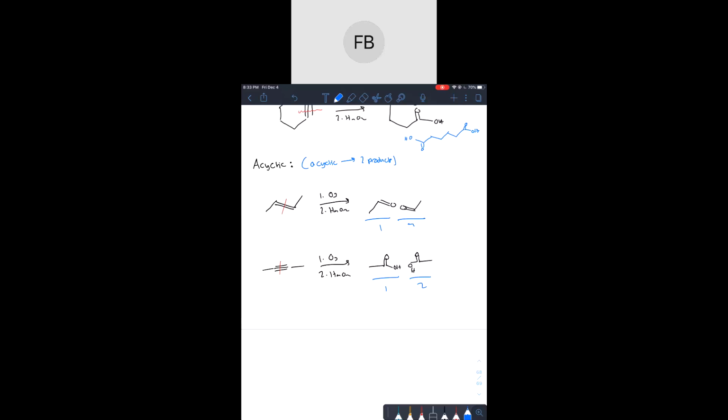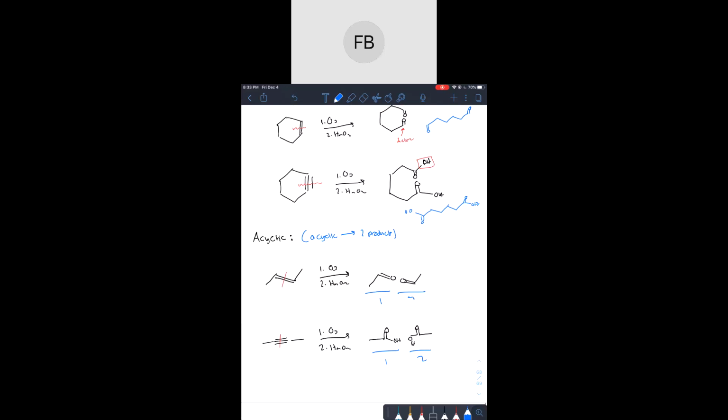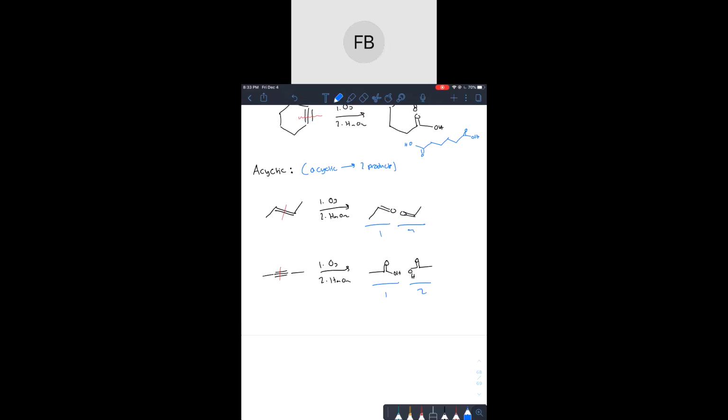And remember I mentioned this and I'll say it again, the only way we currently know of to break off carbons is ozonolysis, I'm pretty sure, because if you think about it, in this acyclic example, you're reducing the number of carbons. We went from 4 carbons on the left to 2 carbons on the right in each product.